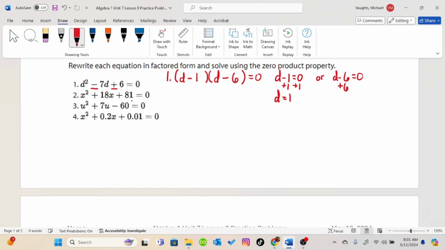We add 6 to both sides, and we find out that d equals 6. So number 1 has two solutions.